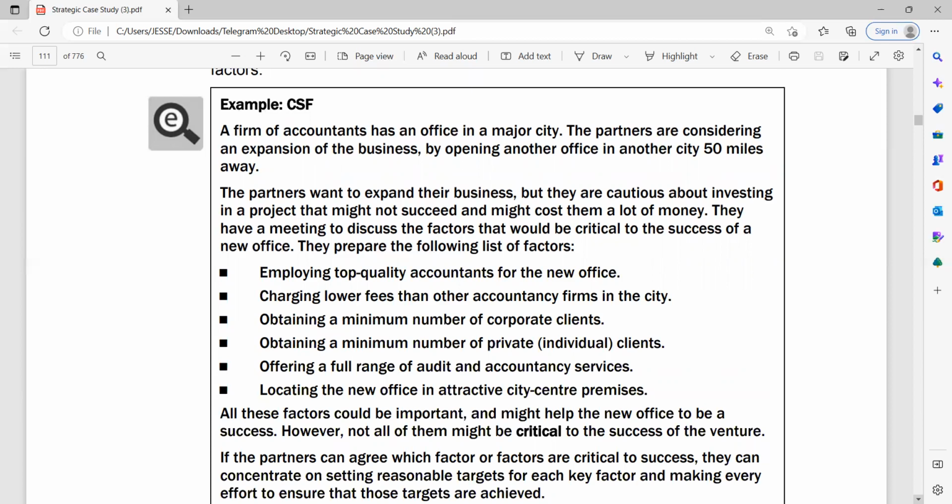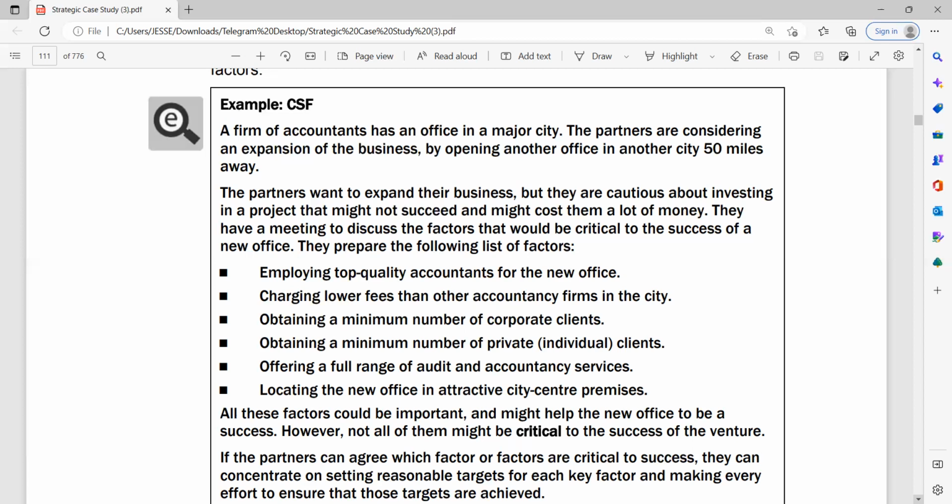And they come up with some factors. Number one is employing top quality accountants. That's a critical success factor. Charging lower fees than other accounting firms. Obtaining a minimum number of corporate and individual or private clients.